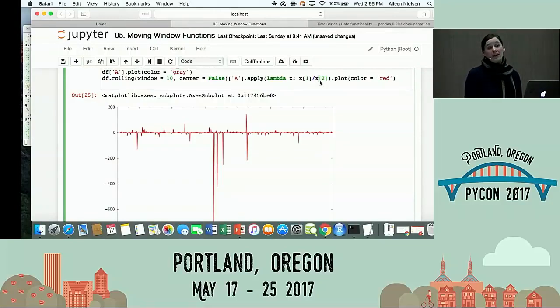I could do custom weights, for example. I might have some weird nonlinear or non-functional form of weighting I want to do. So I don't want to do an exponentially weighted moving average. I have my own custom weighting, which might be informed by domain knowledge, so I want to put those weights in, although there are other ways to do it. I might want to only take every other value within my window, but just do that with my lambda rather than looking for some way with the Pandas API.